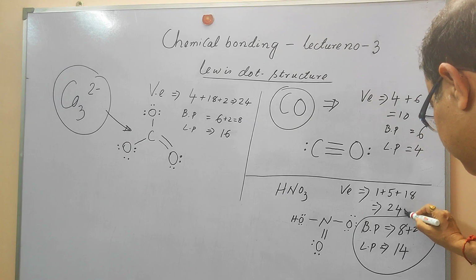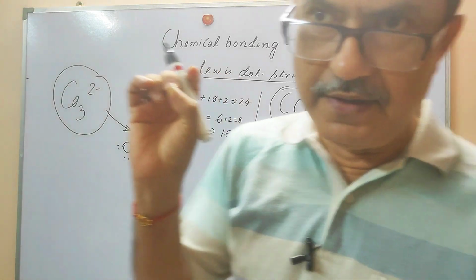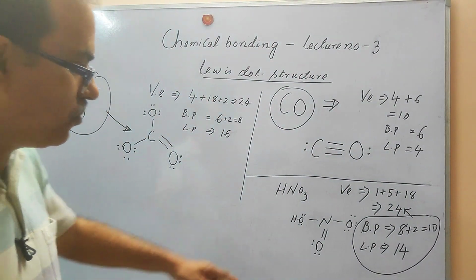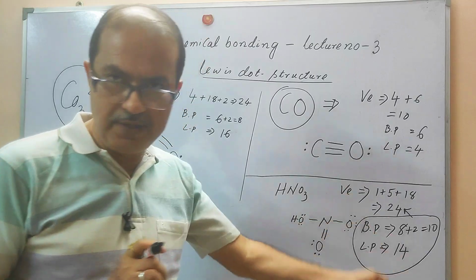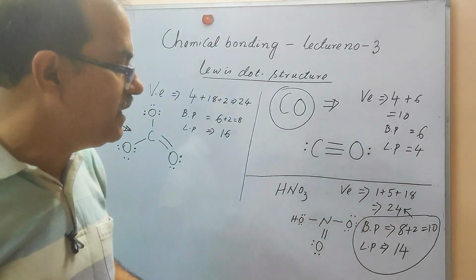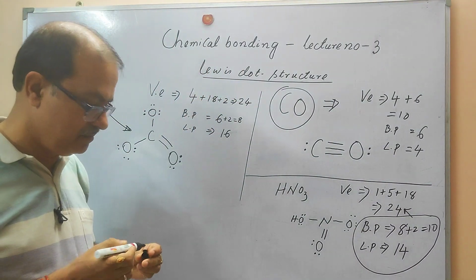See, total electrons is this. You can also cross check after writing the Lewis dot structure whether it is correct or not. You can cross check what you have utilized in the lone pairs or bond pairs and whether it is tallying with the total. This way you can understand.